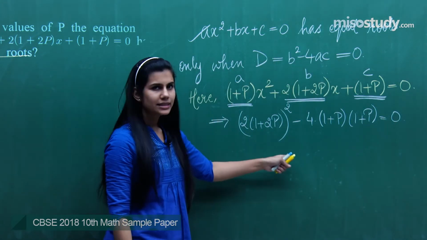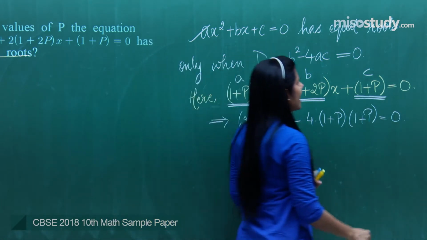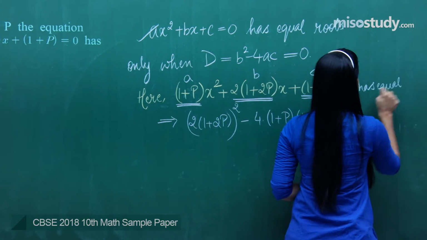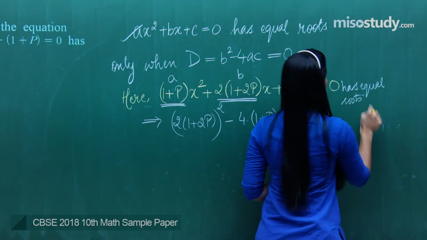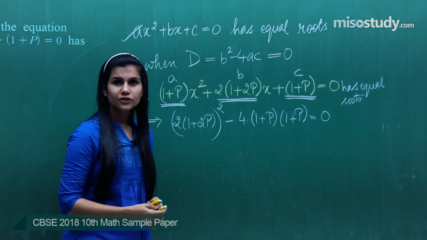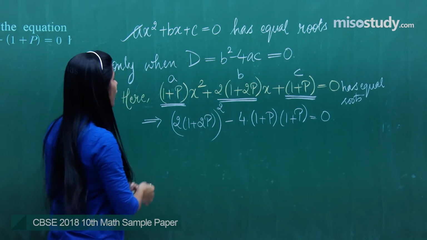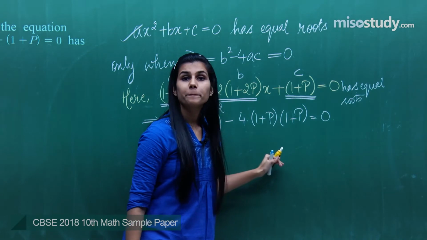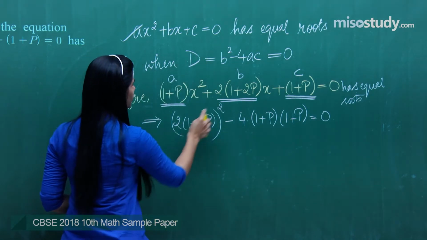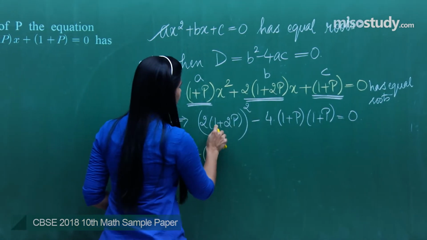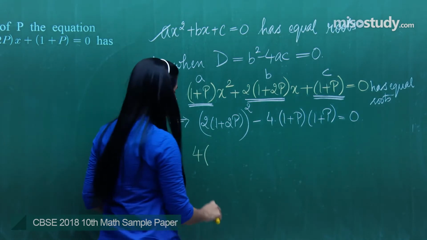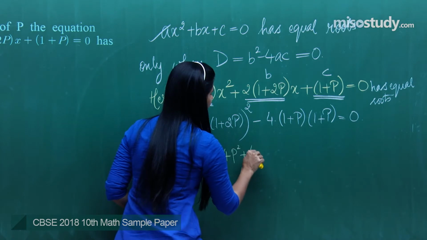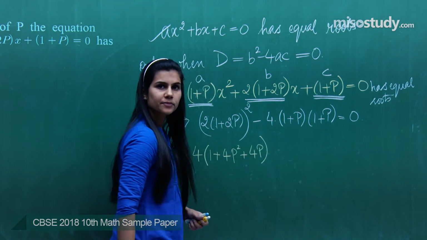The discriminant is 0 because this has equal roots. Coincident roots means equal roots. And now over here you just need to solve this for p. So start doing that. 2 square is 4 multiplied by (1 plus 2p) whole square, 1 square plus 4p square plus 4p.